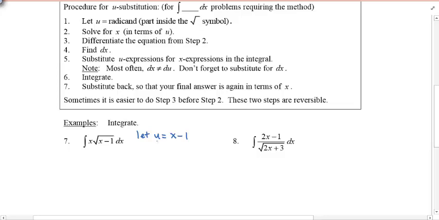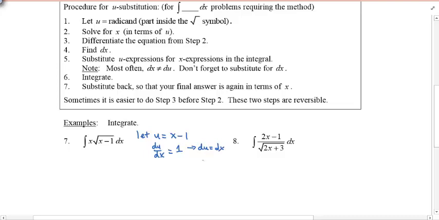So the derivative of u would be du/dx, and its derivative on the right hand side would just be the value 1. Now remember, our goal is to solve for dx so that we can replace everything with x in terms of u. So I'm going to multiply both sides here by dx, so I get du equal to dx.